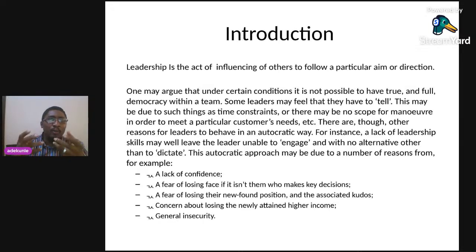So now, when we look at managing people, we look at the concept of leadership. All right. And when you talk about leadership, leadership as a definition is an act of influencing others in a particular direction or in a particular way.